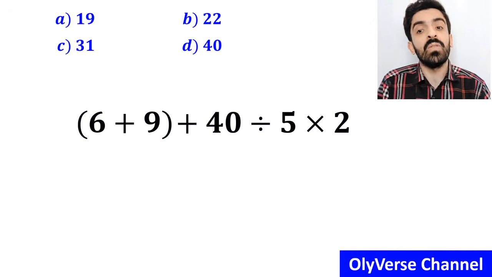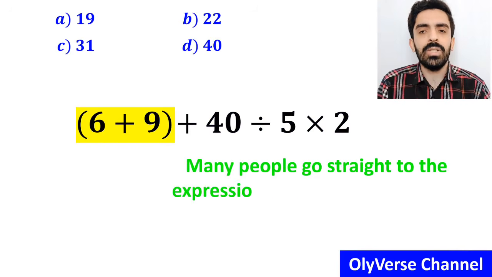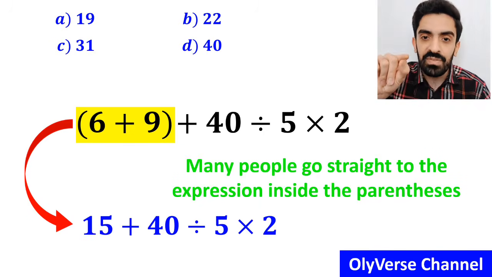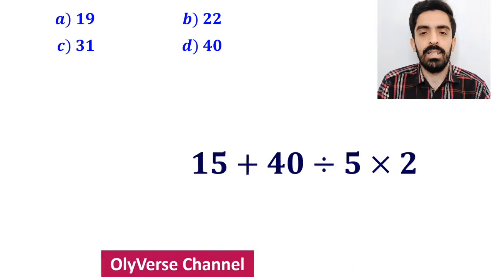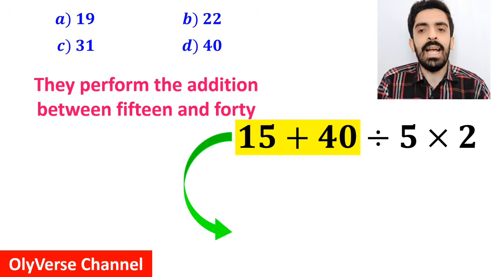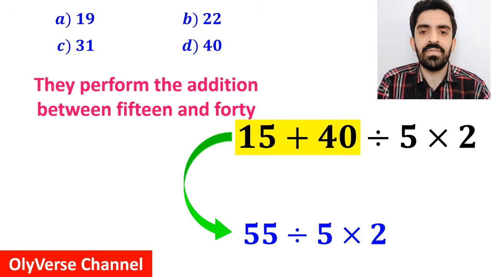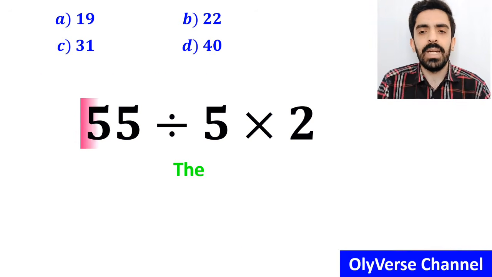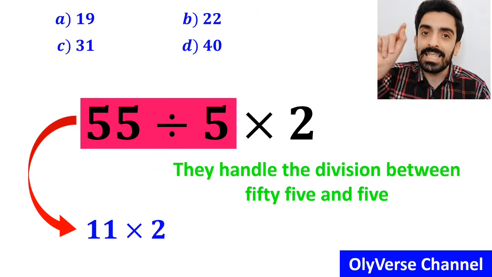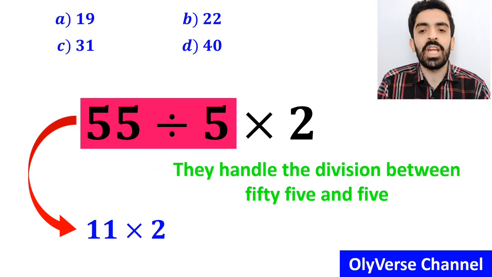In the first step of solving this question, many people go straight to the expression inside the parentheses and simplify the whole expression to 15 + 40 ÷ 5 × 2. In the next step, they perform the addition between 15 and 40 and simplify this expression to 55 ÷ 5 × 2. In the final step, they handle the division between 55 and 5 and write this expression as 11 × 2, which eventually gives them the answer 22.